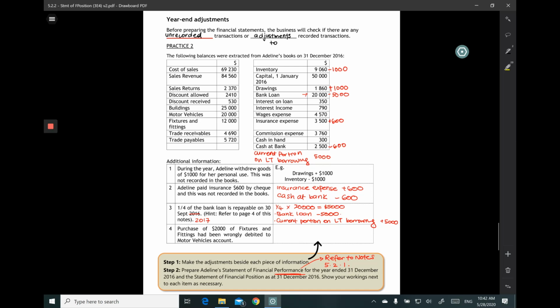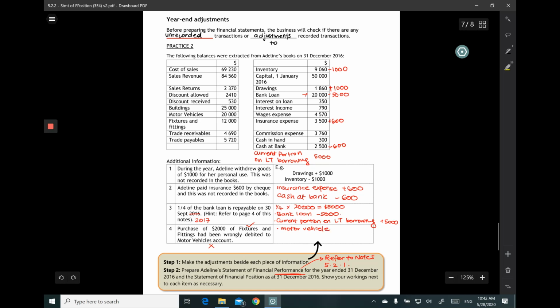All right. Then the last additional information says the purchase of $2,000 of fixtures and fittings had been wrongly debited to the motor vehicles account. So it is supposed to be in fixtures and fittings, but we put it into motor vehicle. So the motor vehicle one is wrong, and the fixtures and fittings is the correct one. So it's just a mere transfer of balances.